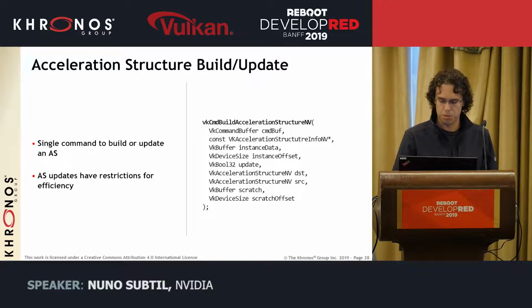You're not changing the number of vertices, so that's one of the restrictions. The number of vertices in an update must be identical to what the bottom level node was initially created with. Updates are separate because you can typically do updates much faster than a build from scratch. So if you're animating characters in your scene and whatnot, you want to do updates and not build from scratch every frame.